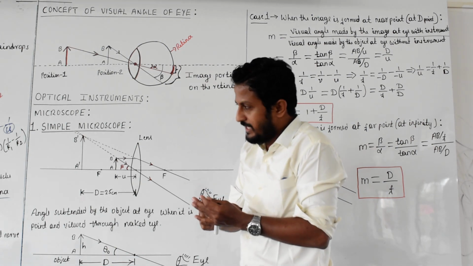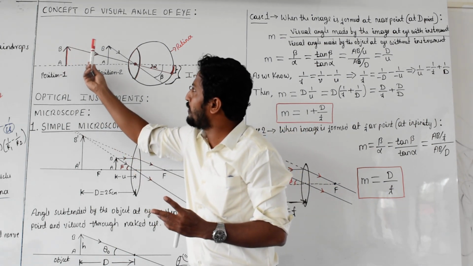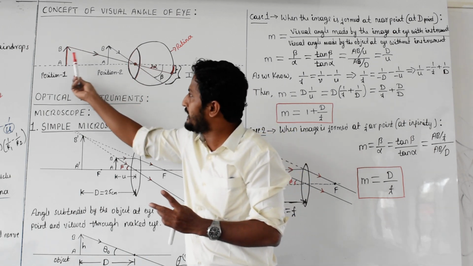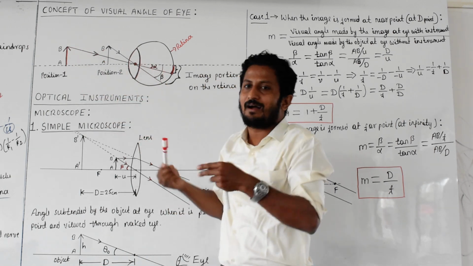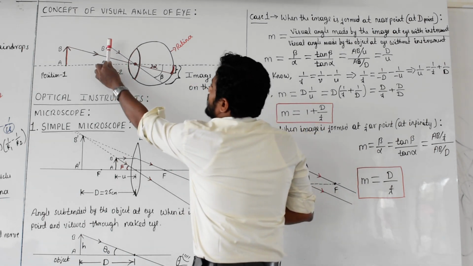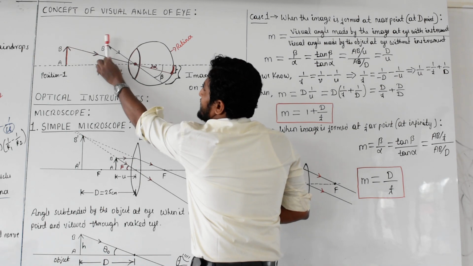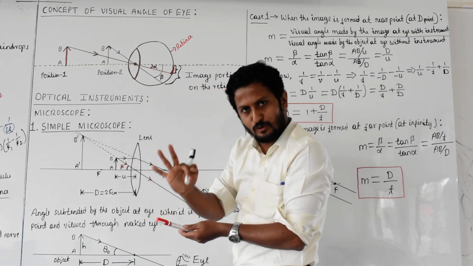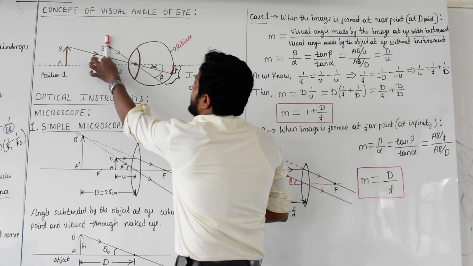Now look here. As you take the object nearer to your eye, what happens? Now you place the object at position number 2. It is the same object, the same height. Place it here.